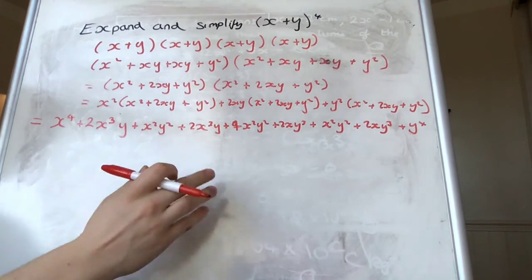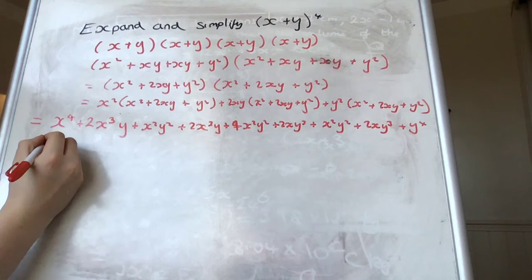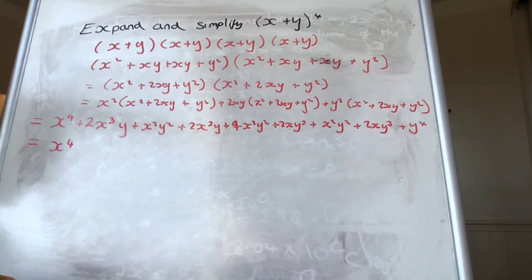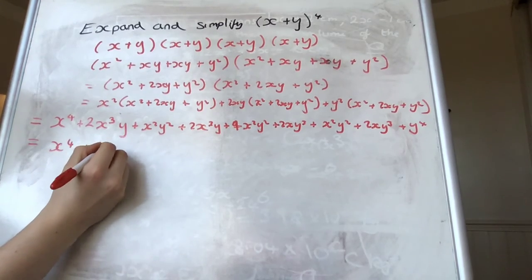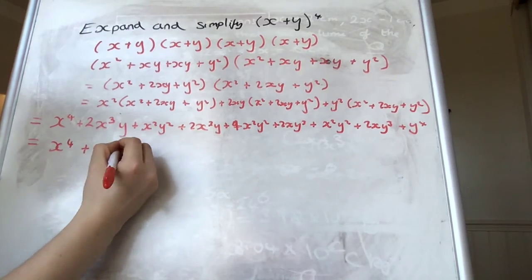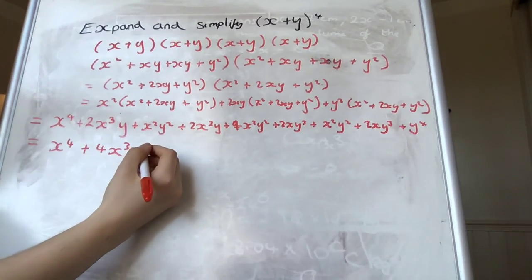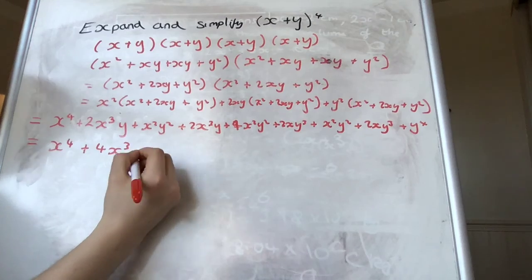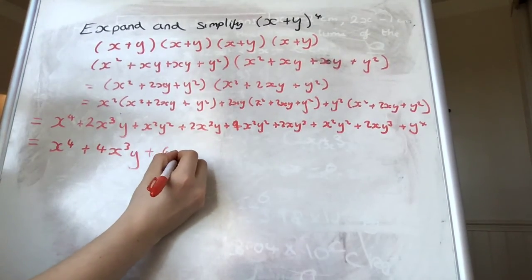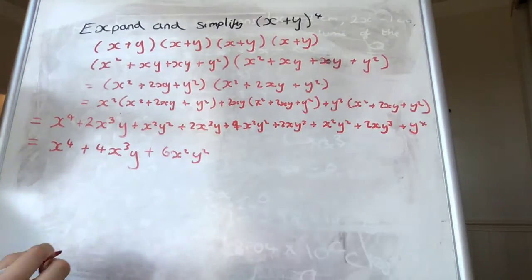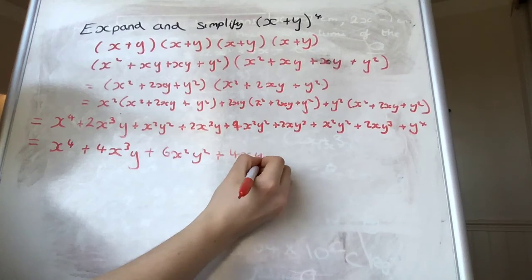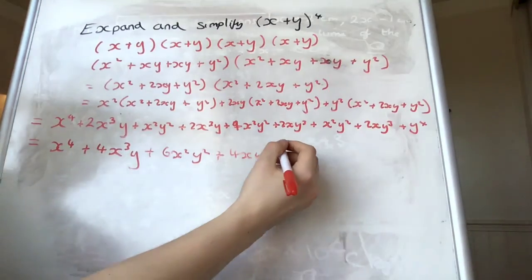But if we then simplify this sum and collect all the like terms, we end up getting x to the power of 4 plus 4x to the power of 3 y, and then we've got plus 6x squared y squared plus 4xy cubed plus y to the power of 4.